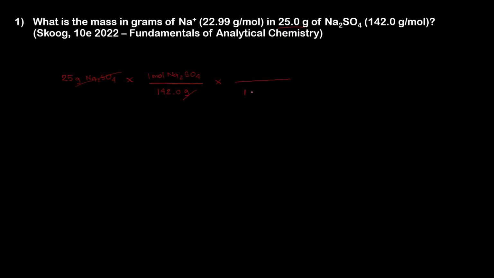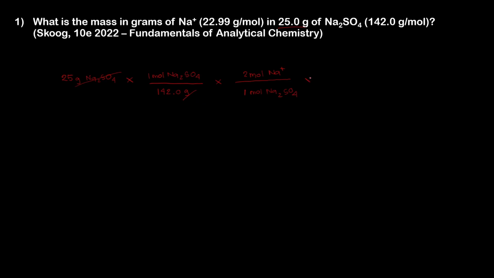We have 1 mole of sodium sulfate. How many sodium ions are there in sodium sulfate? So we have 2 Na, right? Na is sodium. So 1 mole of sodium sulfate means there are 2 moles of sodium ion. Okay? There are 2 sodium in 1 sodium sulfate.